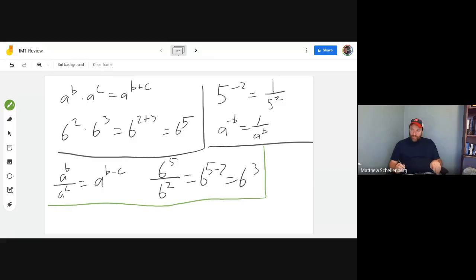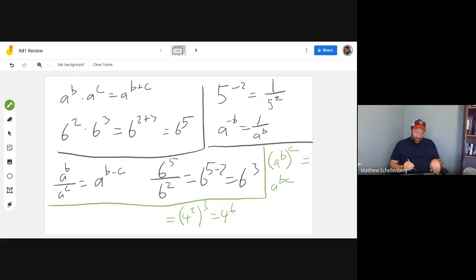And the one I was missing is that if you have some bracket and an exponent on the outside, like a to the b, to the c power, that equals a to the b times c. And so that means if you have 4 squared cubed, that's 4 to the 6, 4 to the 2 times 3.